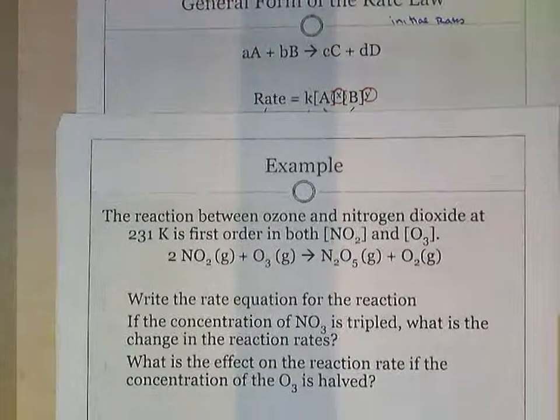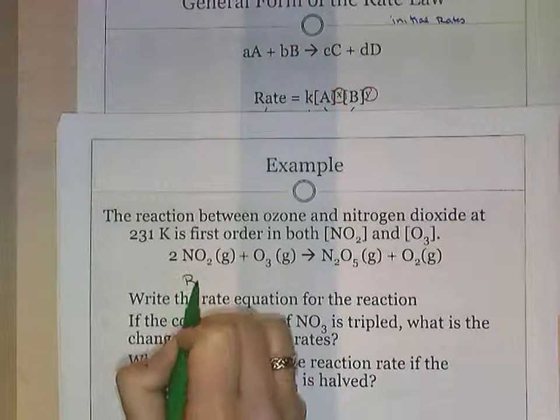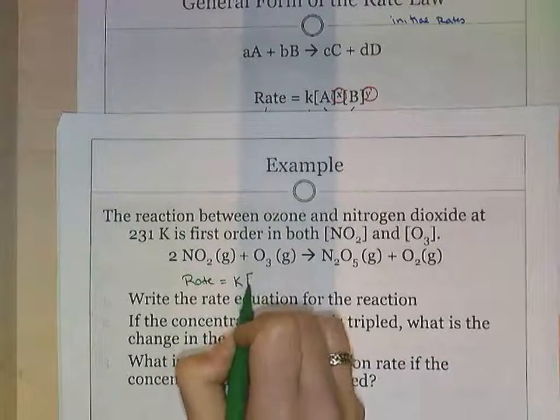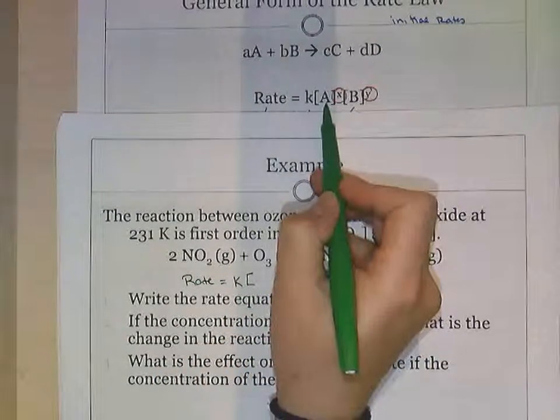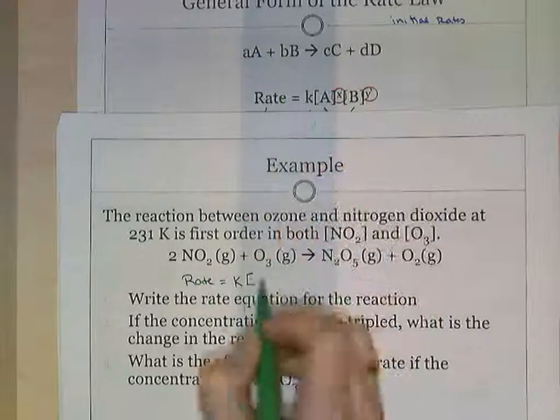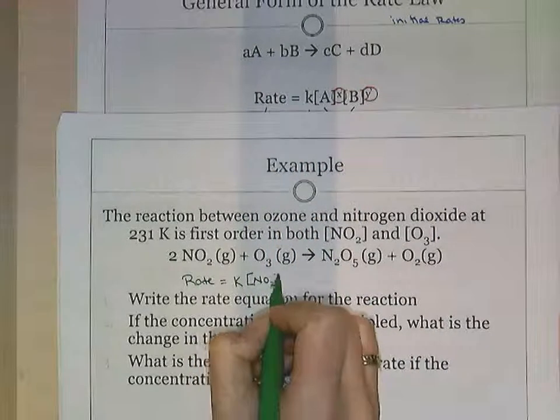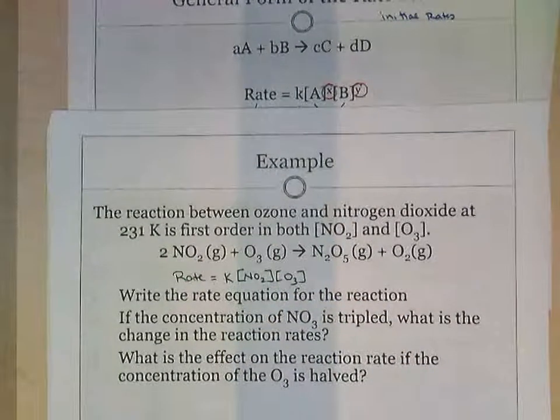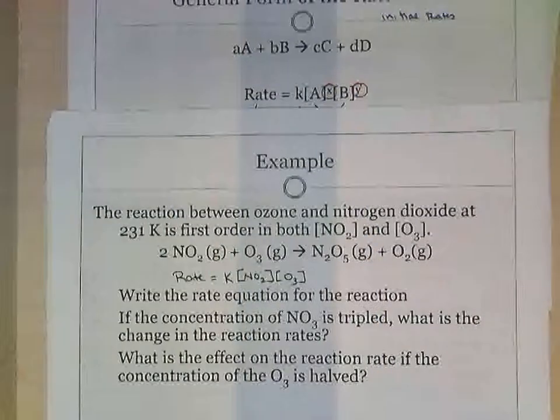So to write the rate equation for the reaction, I will write rate equals k, and then the concentration, the brackets mean concentration of. So the only thing left for me to do is to figure out what are going to be the exponents next to those brackets.